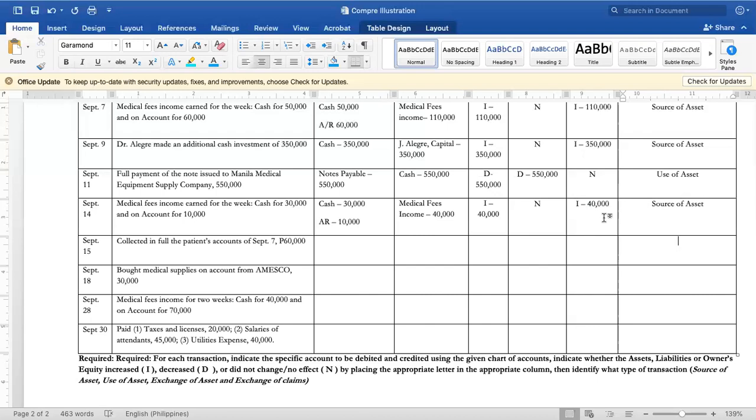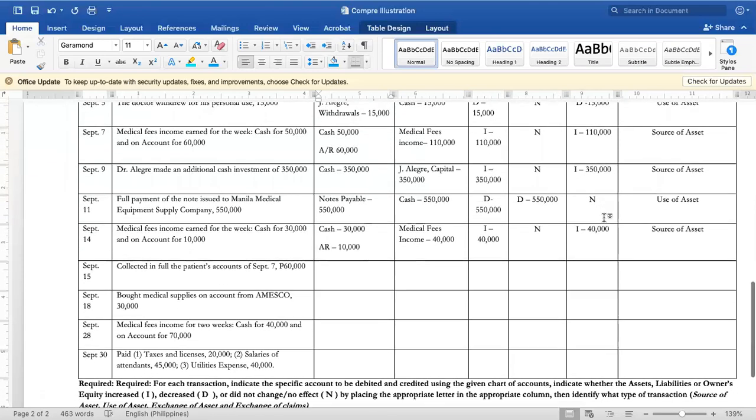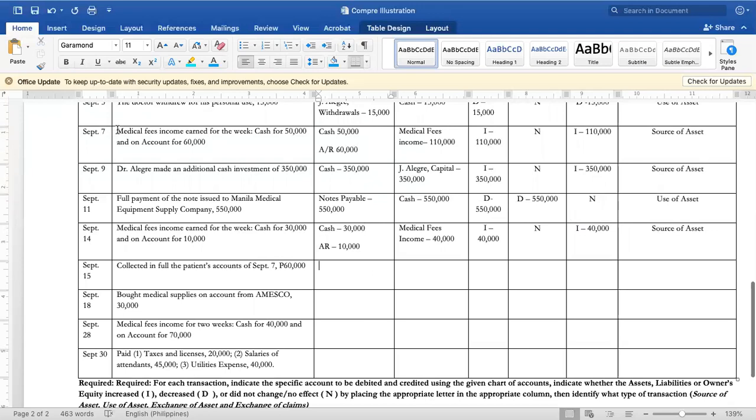Okay, we're now on the fourth to the last transaction. So, collected in full the patient's account of September 7, 60,000. Okay, di ba on September 7, nag-render tag service, naka-cash ang 50,000, nagpautang tag 60,000. So, on this date, September 15, ato nang nakolekta.